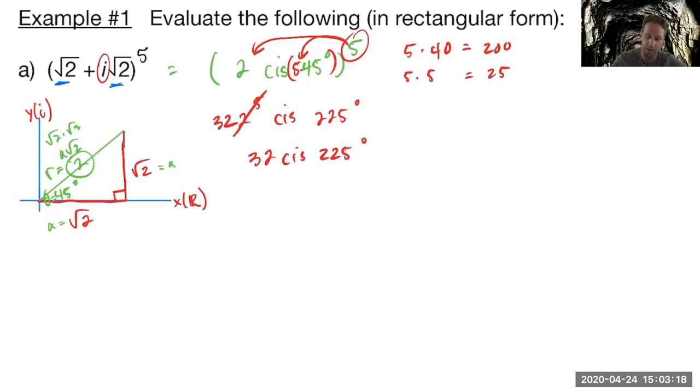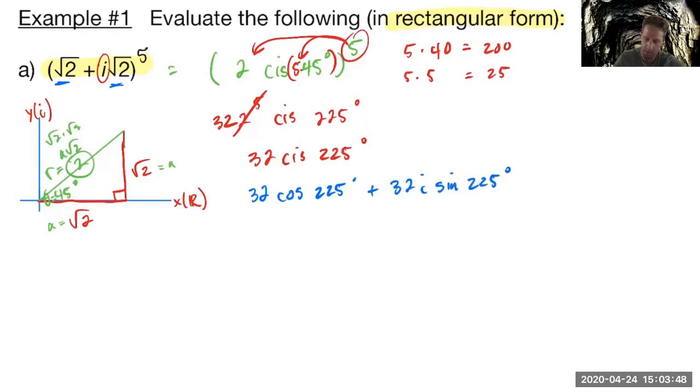However, that is my answer in polar form. They, of course, wanted it in the form that they gave it to you in, which was rectangular form. So I do have one more step, but it was well worth putting it in this form and then applying de Moivre's theorem, because now all I have to do is expand this out like we worked on previously. 32 of cosine 225 plus 32 times i sine of 225.